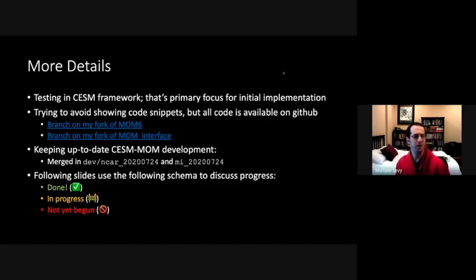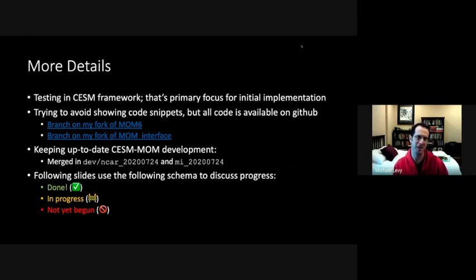So going into a little bit more detail, all of my testing is in the CSM framework. That's the primary focus for the initial implementation. And then once it's working in CSM, it'll hopefully be easier to go back and apply it outside of the CSM framework. I'm going to avoid showing any code snippets, but all the code is available in GitHub.